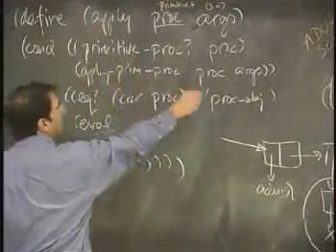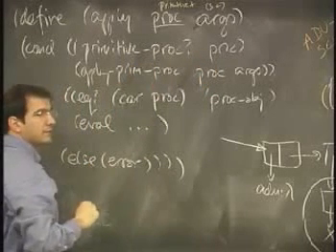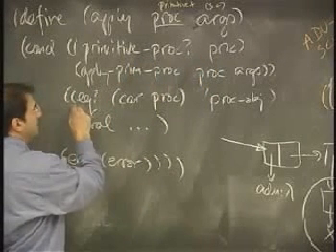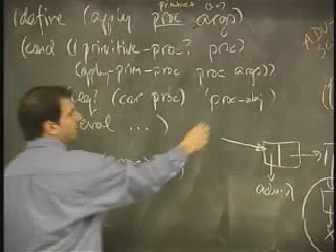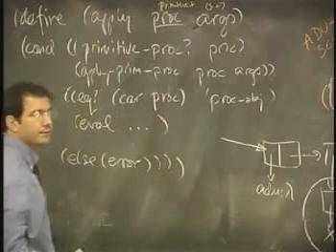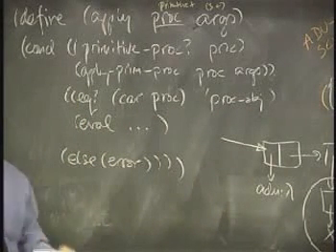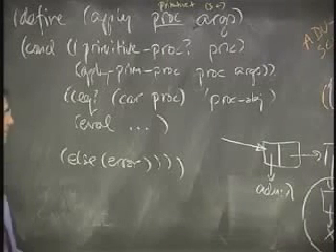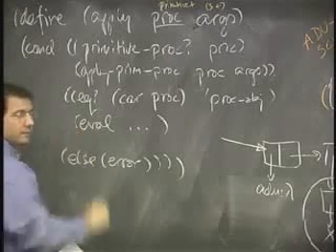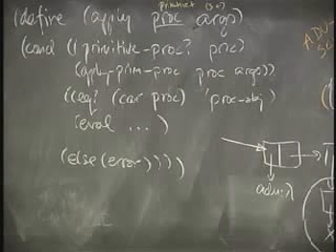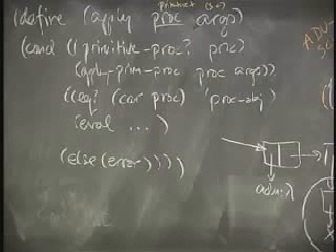Apply is here. Is proc a primitive procedure? No. Is the car of proc the symbol proc-obj? Yes, because it's the special tag that we built up. Therefore, compound procedures are lists of 3 elements: the proc-obj tag, this thing, which is a list of 3 elements, and then the environment. Is that right?